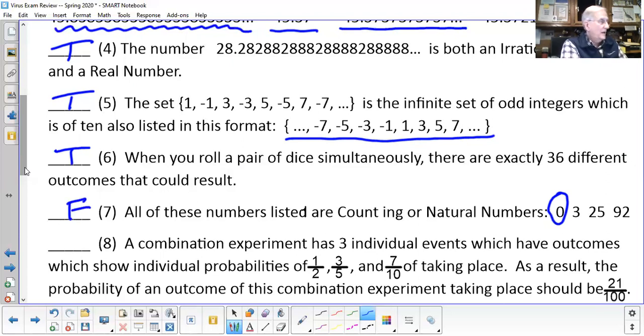Okay, question number 8. A combination experiment has 3 individual events which have outcomes with individual probabilities of 1/2, 3/5, and 7/10 of taking place. As a result, the probability of an outcome of this combination experiment taking place should be 21 out of 100.